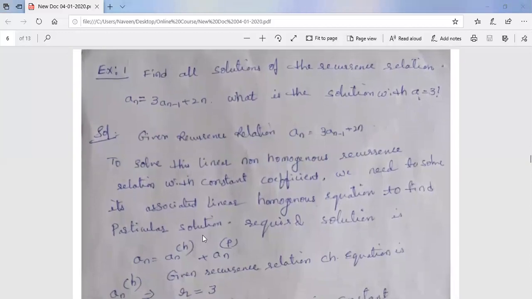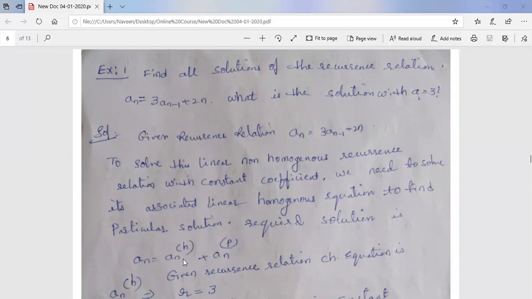To solve this linear non-homogeneous recurrence relation with constant coefficients, we need to solve its associated linear homogeneous equation and then find a particular solution. The required solution is a_n = a_n^h + a_n^p.